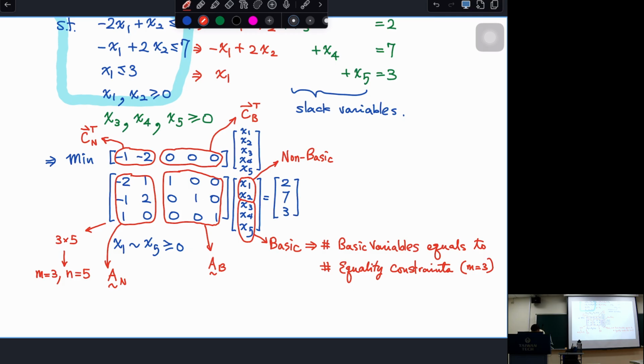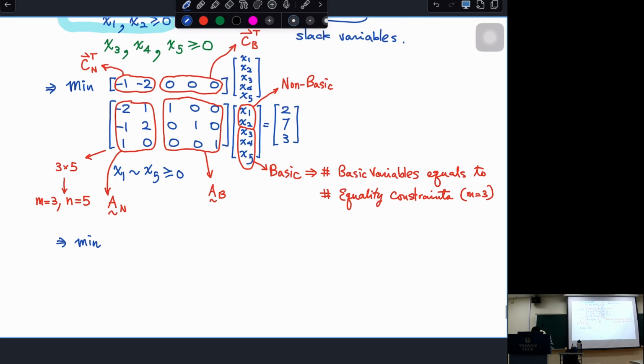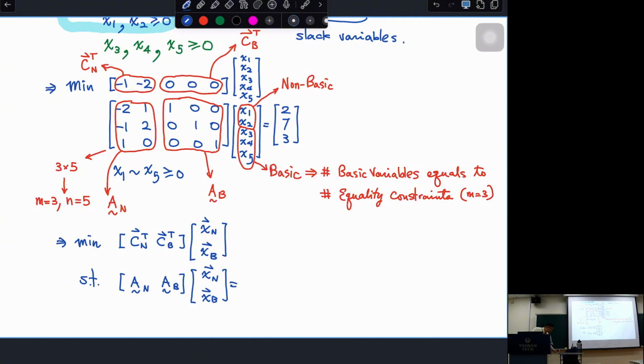Okay, so what we are doing right here actually is this. And for the b, b remains the same.